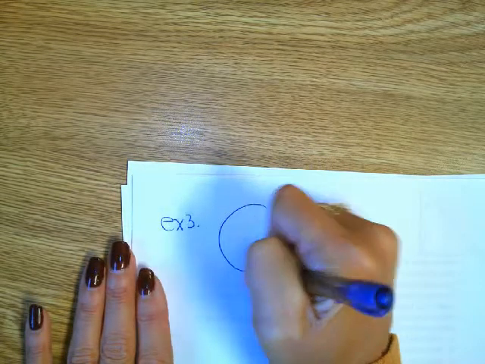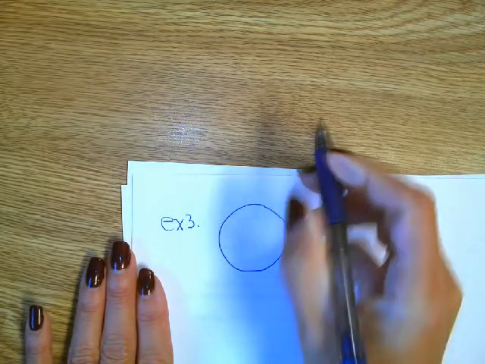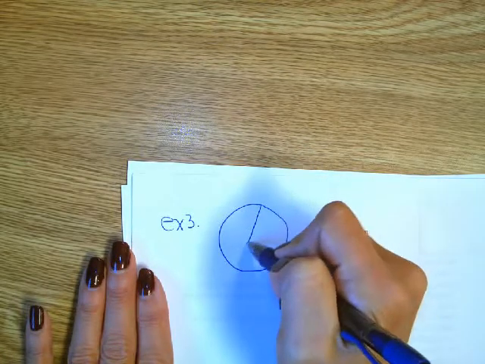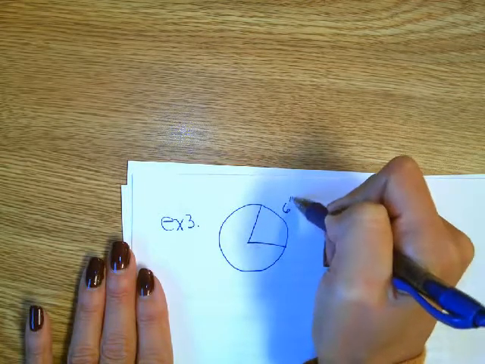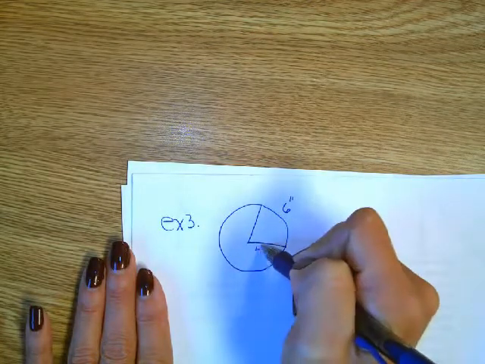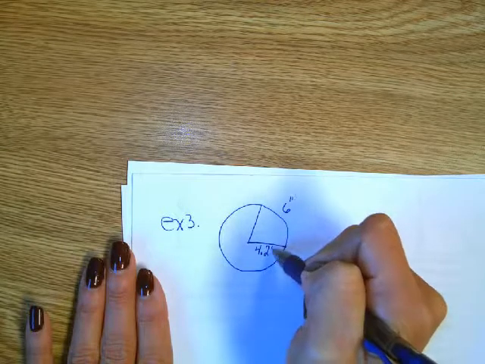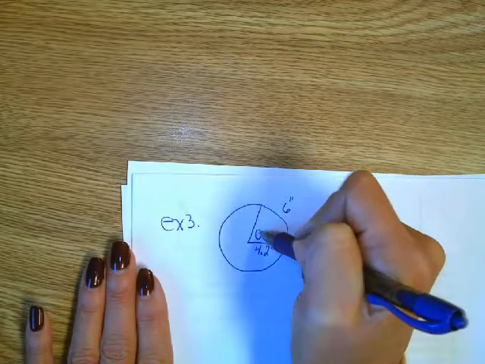Alright. Change it up a smidge. This time I have an arc length of 6 inches, radius of 4.2 inches, asking you for the angle measure this time.